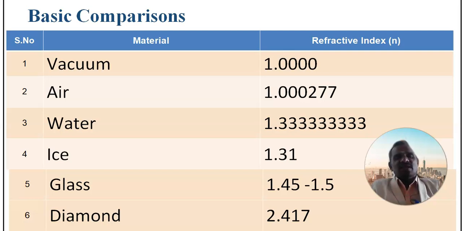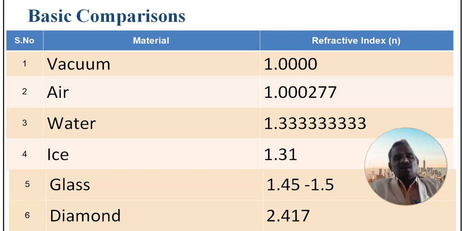For ice, the refractive index is 1.31. For glass, it will range depending upon the impurities added in the glass fiber. If impurities are more, it will be in the order of 1.45. If impurities are less, it will be in the order of 1.5. So that will be the refractive index.